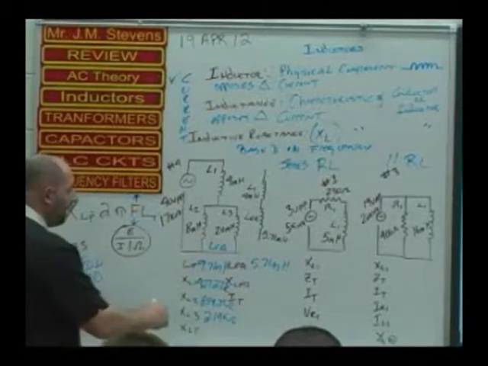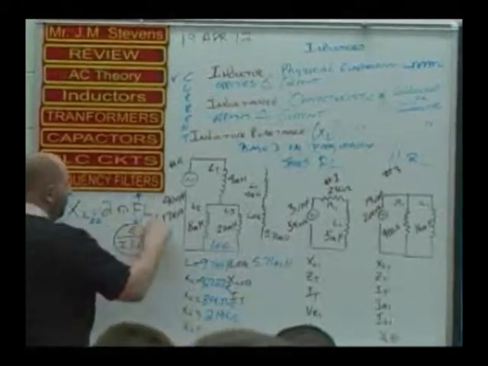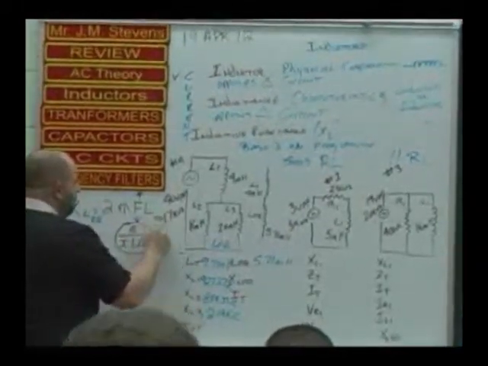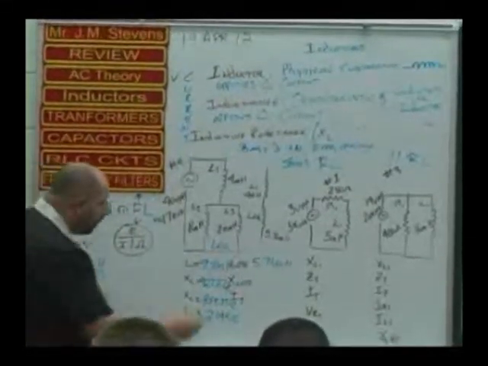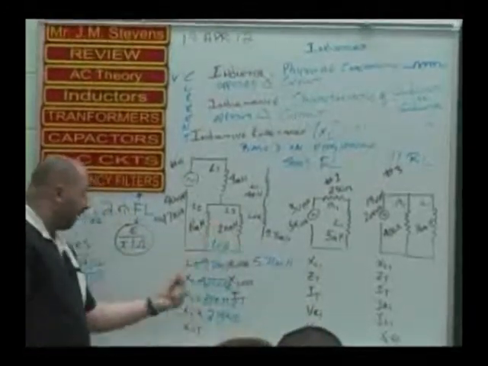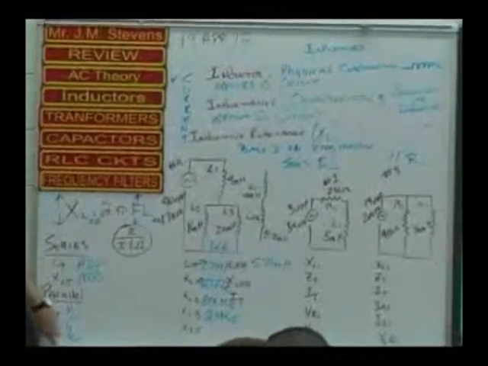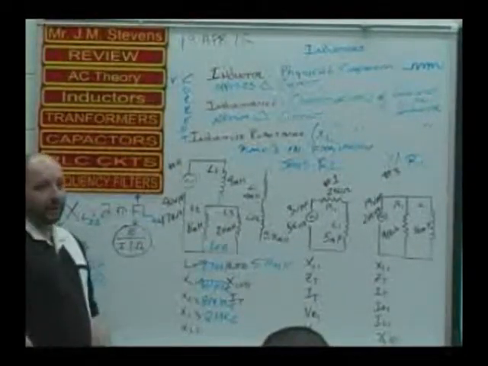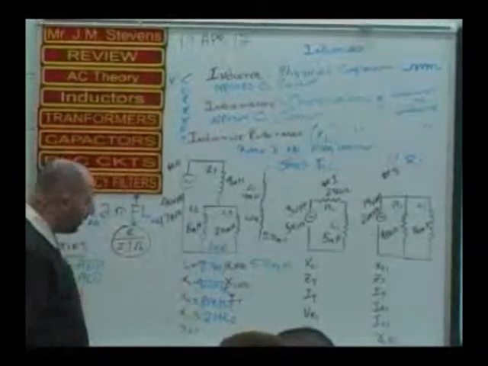Could we use LEQ to find XLEQ? Yes. Or XL2 and XL3, because that's what's in parallel. How do we treat ohms in parallel? Reciprocate. Everybody see the different ways we can find the same answer? Any one of those methods is going to work.